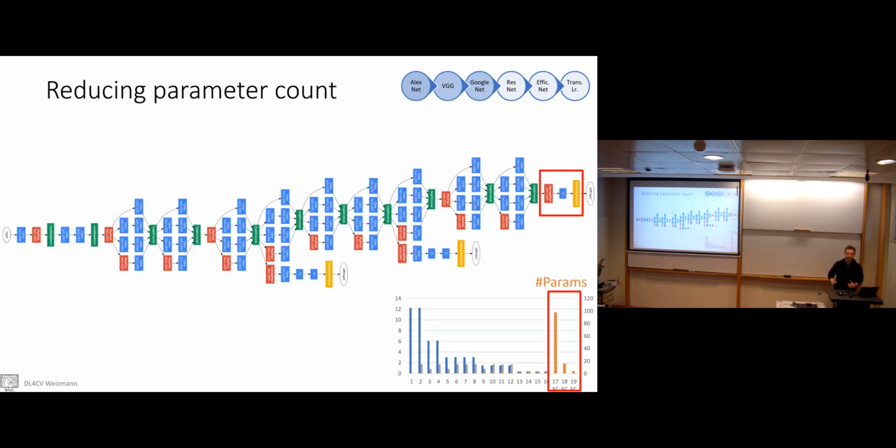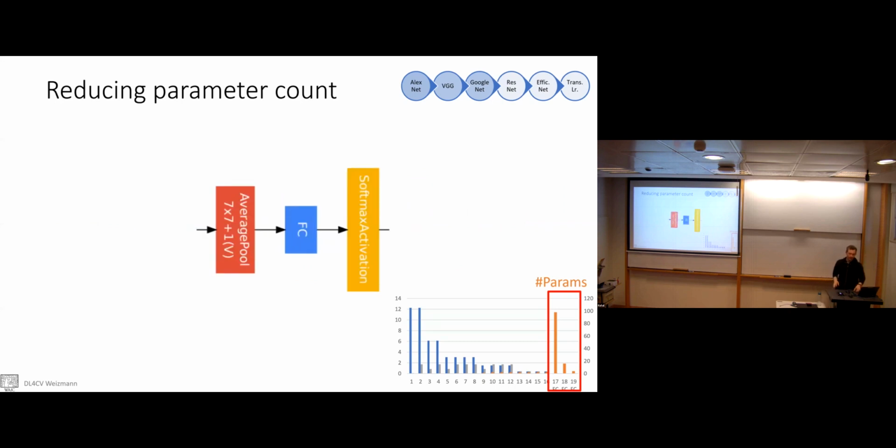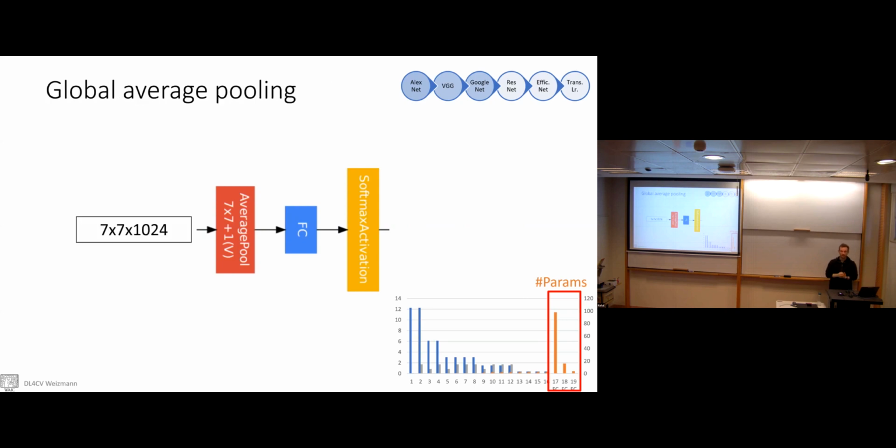And now, to reduce the parameter count at the end, they did the following. The most parameters in this model come from the fully connected layers. So they decided we don't want fully connected layers. After they applied convolutions and pooling several times, their input was actually of size 7x7 by 1024. So pretty small. And after that, they just applied average pooling with window size 7x7, which is basically a global average pooling, which results in one vector of size 1024.